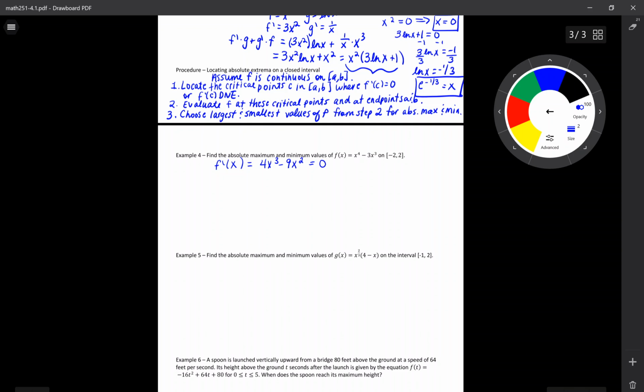This is easiest if I factor. So what can I factor out of both of these terms? I can factor out an x squared. That will leave me with 4x minus 9 equals 0. Setting each of these factors equal to 0 gives me x equals 0, and x is equal to 9 over 4. So these are my critical points.